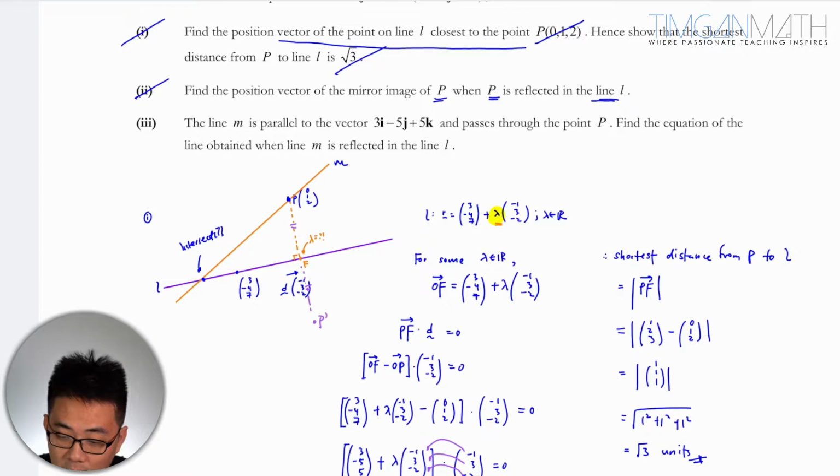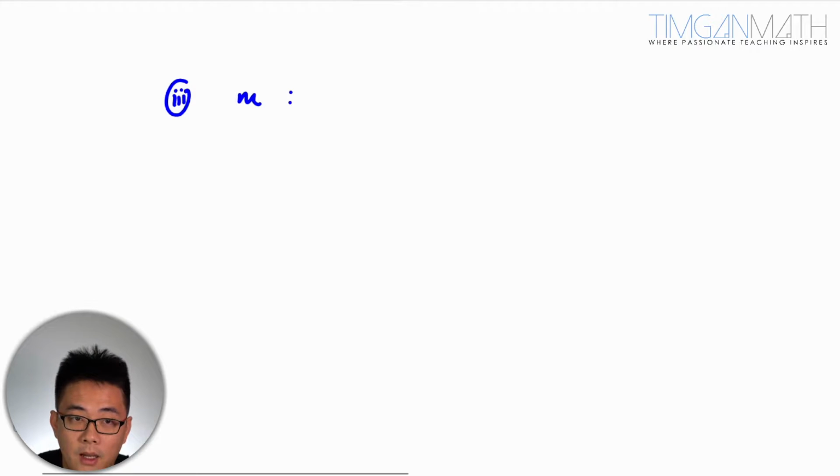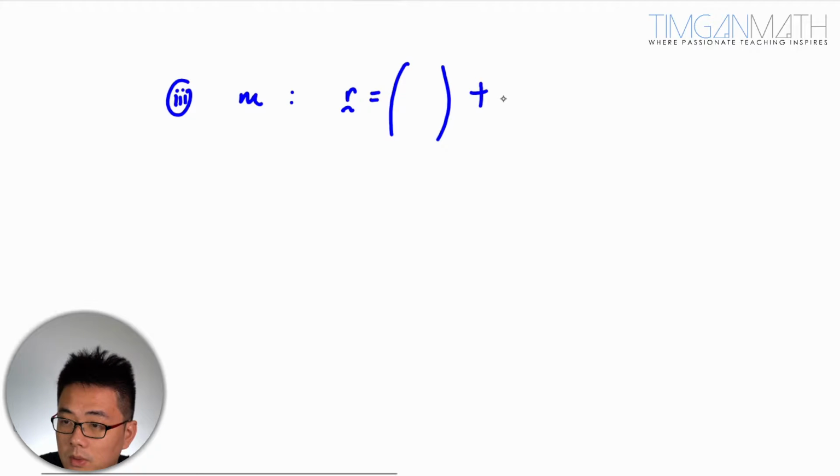This part here, what I'm going to do is write down the line M. So part 3, we have line M. Sorry, this is r. It passes through P. So I'm going to use mu, it is not used, right?